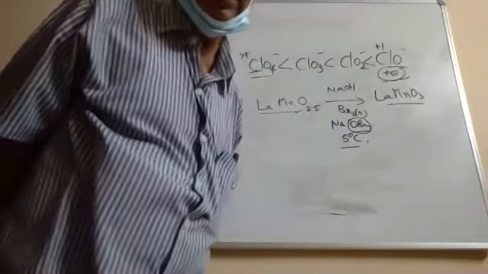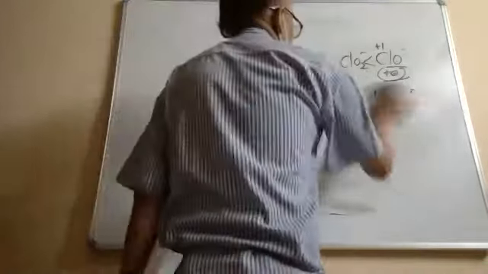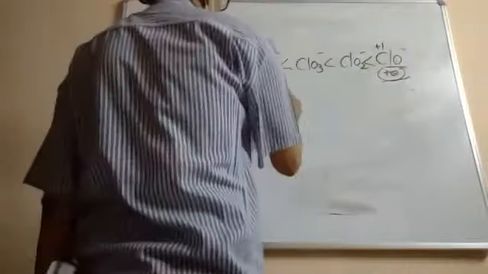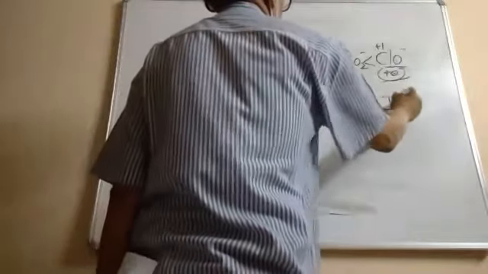So how do we know this is the thing? We have looked at all the other species. For example, whether size plays an important role or not can be tested by looking at, suppose I have ClO3 minus, BrO3 minus, and IO3 minus.